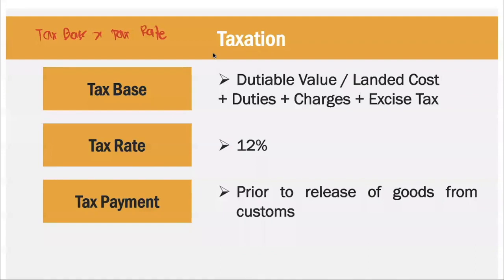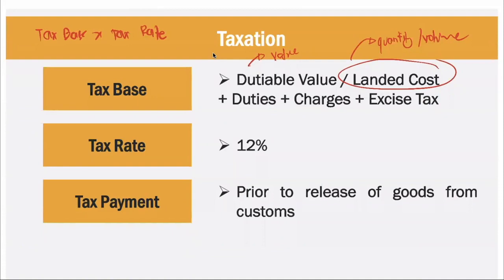They are the same. However, they only use landed cost if the goods are based on quantity or volume, and you use dutiable value if the value of the goods is already given. So again, dutiable value or landed cost is the same. Their difference only is as to the type of goods given or imported.